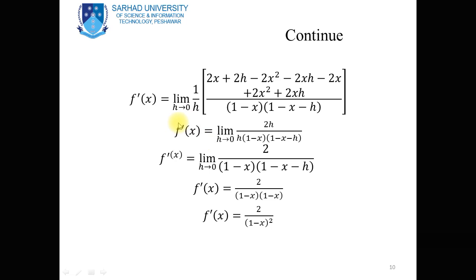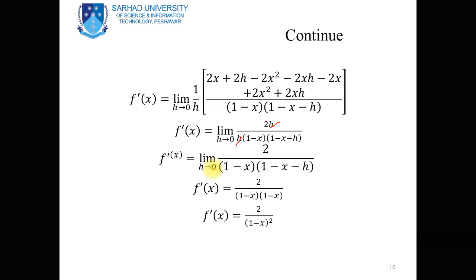Like you see over here, the derivative of the function is equal to limit h tends to 0 of 2h divided by h into 1 minus x into 1 minus x minus h. So this h and h cancel. We obtain the derivative of the function, limit h tends to 0 of 2 divided by 1 minus x into 1 minus x minus h.